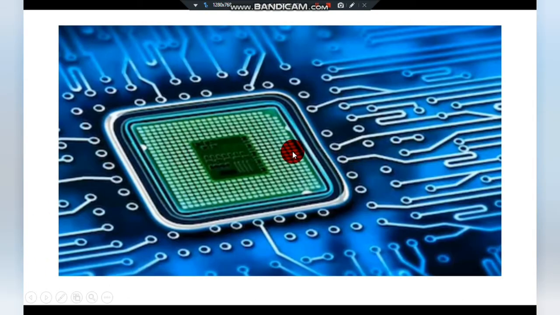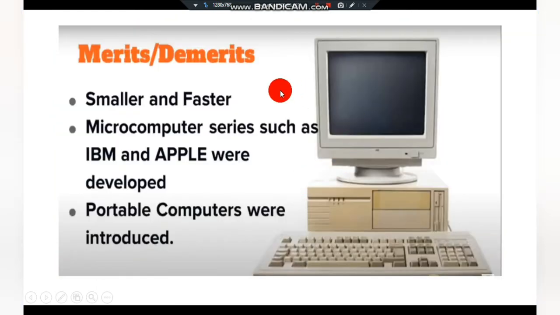This is also known as the microprocessor, and this microprocessor gave birth to microcomputers. Microcomputers were mainly made to give low cost computers with minimum size. One microchip is enough to create a microcomputer.